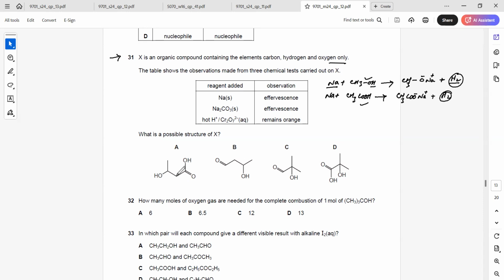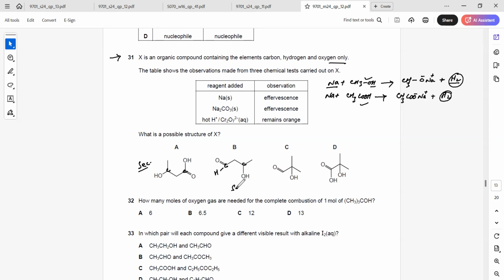So let's see option A. Option A has both carboxyl group and alcohol. Remember, this one is a secondary alcohol. Option B has an alcoholic group and an aldehyde here. So that can also show effervescence.